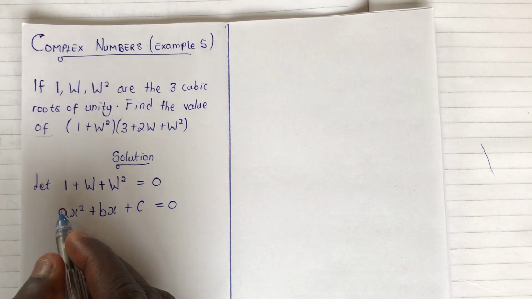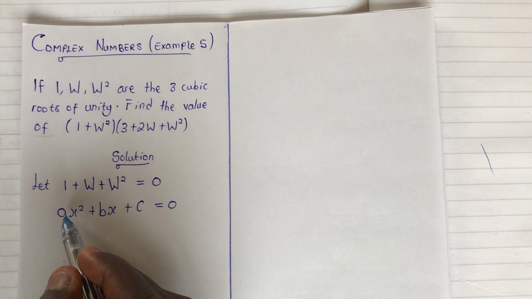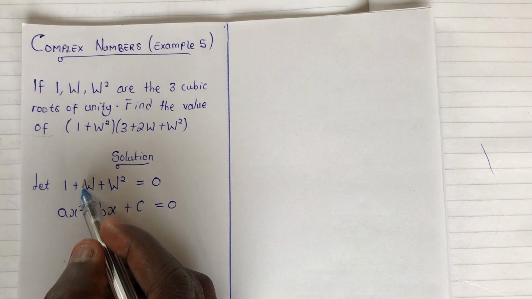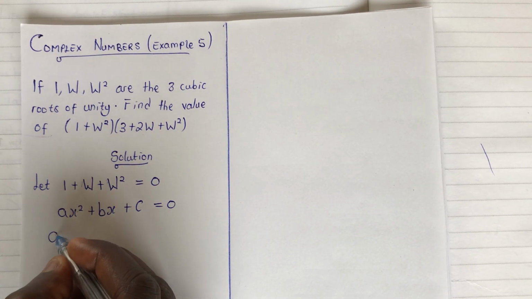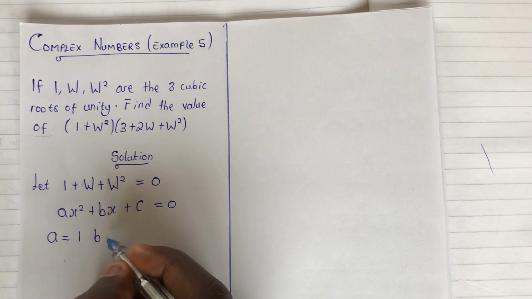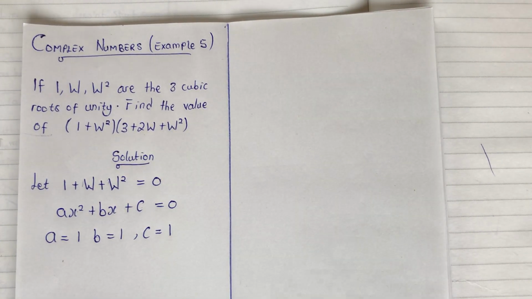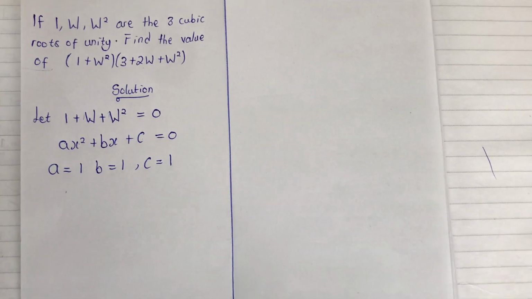So a here is equal to 1, b here is also equal to 1, b is representing the coefficient of w, and c stands for the constant. So a is 1, b is 1, and c is 1.